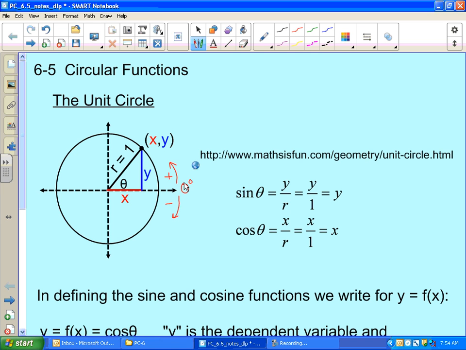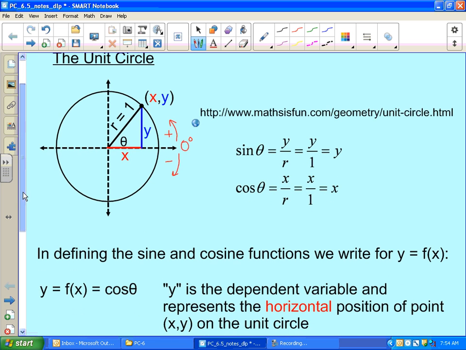And we're going to set up our trig functions with regards to this x, y, and this r value of 1. So we should all be familiar with our ratios for our trig functions, and here we're specifically looking at sine and cosine. We know the sine theta is y over r, but that r becomes a 1, and y over 1 just becomes y.